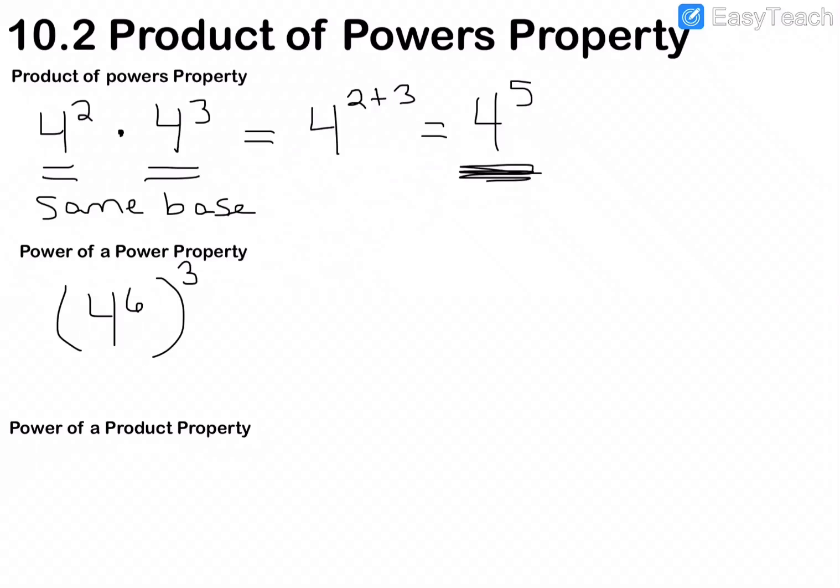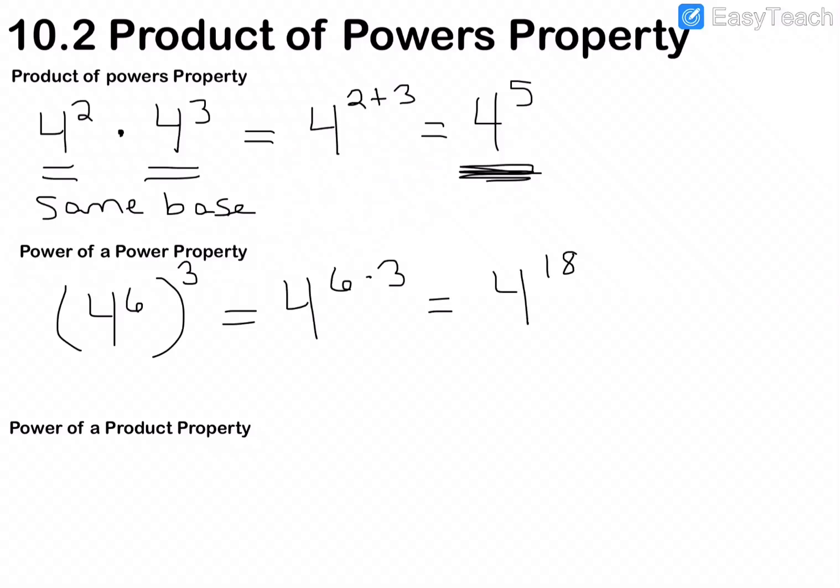Power of a power property, you multiply the exponents. Okay? So you would actually write this as 4, 6 times 3, which equals 4 to the 18th power. Power of a power property. You multiply the exponents.